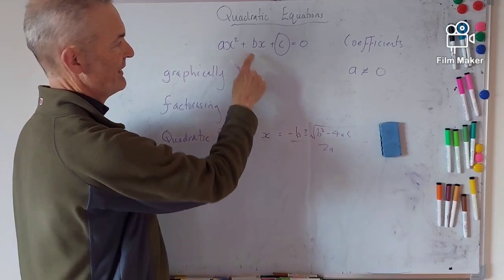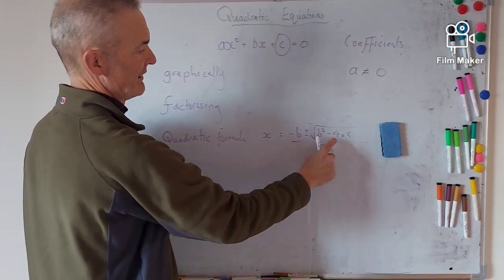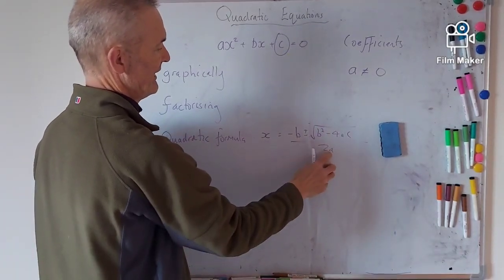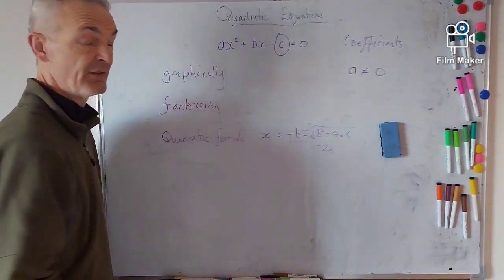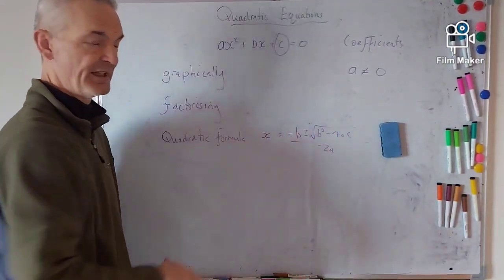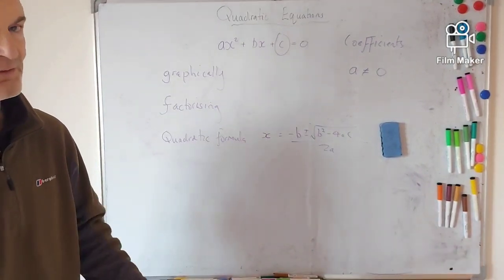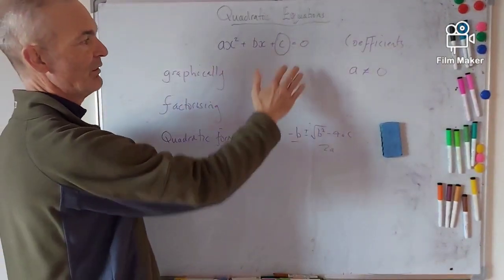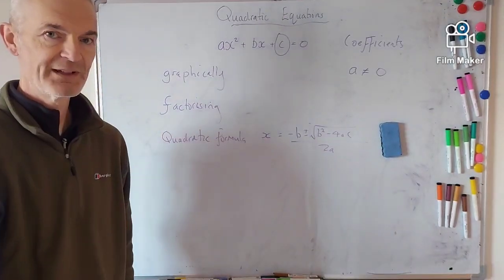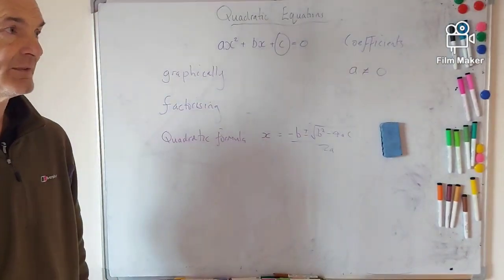You've got minus b, so this b goes in here, b again, an a from here, c from here, and an a again from here. If you plug in the a, b and c into this, it will give you two solutions, or one solution, or no solutions in certain circumstances, depending on what the values are. So you can use this formula. I will show you in a subsequent video how to get that formula and how to use it.